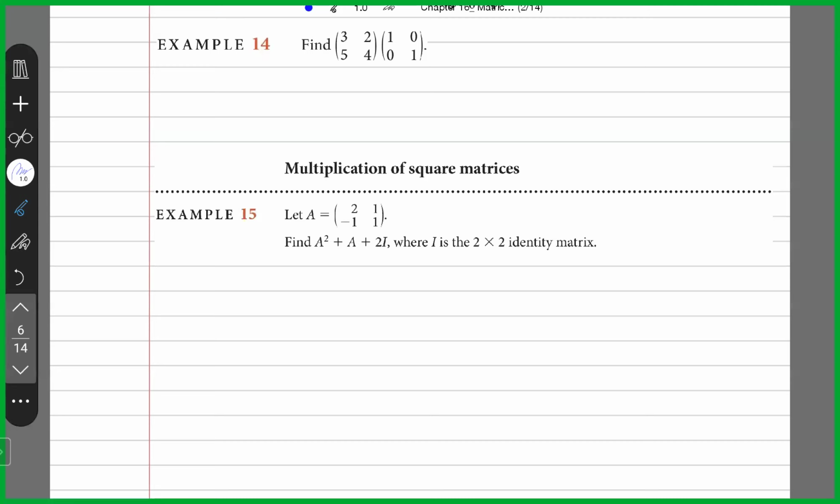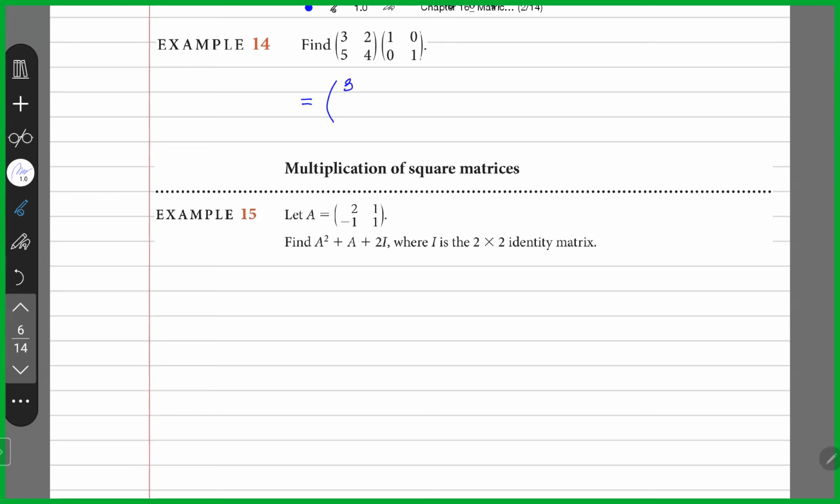All right, so example 14, we're to find the matrix product. But what we're doing here is multiplying a 2 by 2 matrix by the 2 by 2 identity matrix. So whenever you multiply a matrix by the identity matrix, you're going to get back the original matrix.